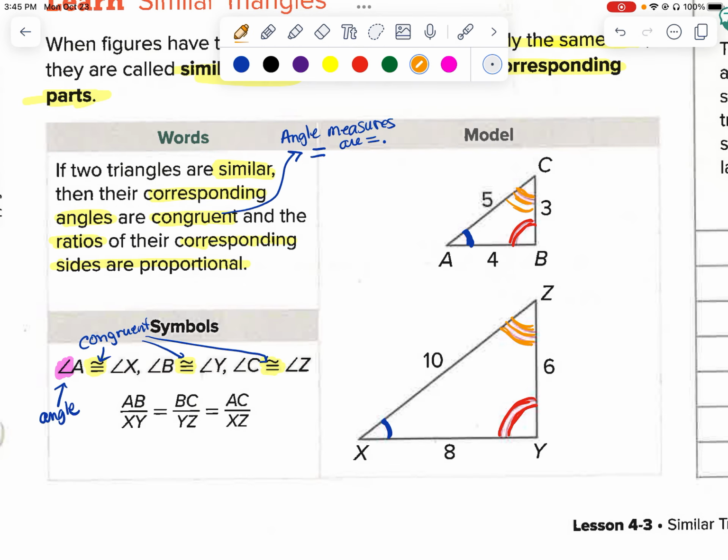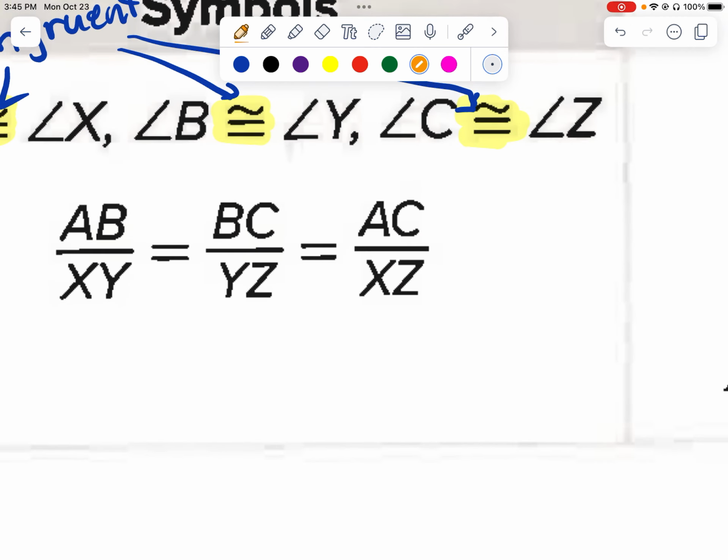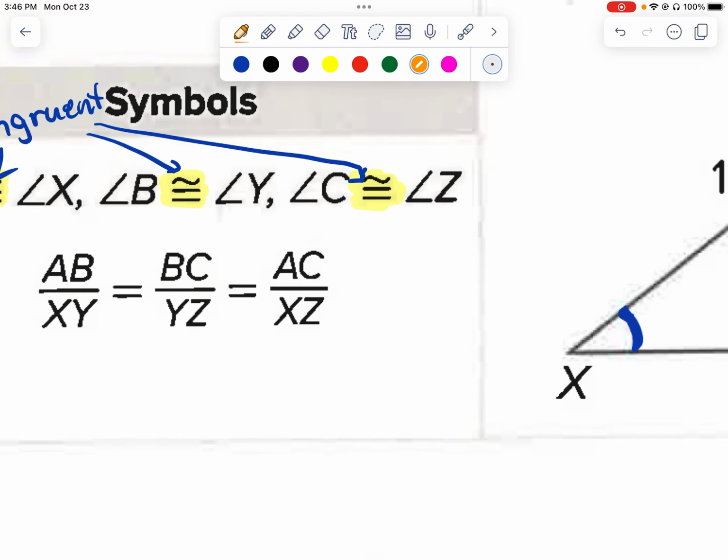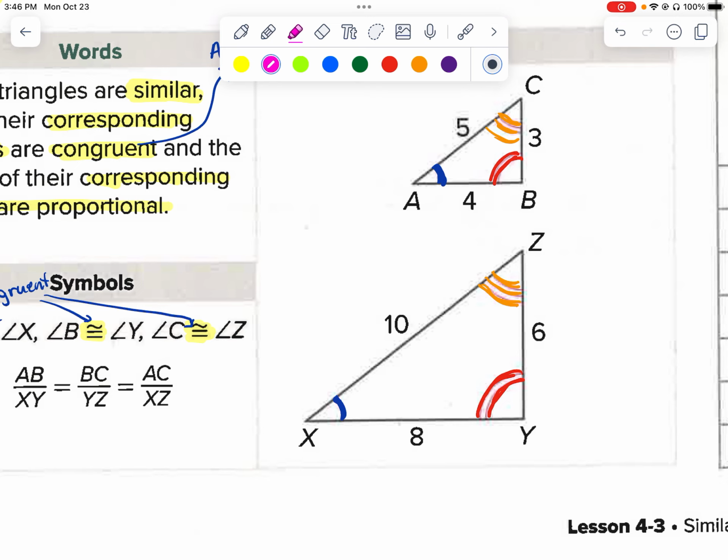So the next part it's talking about is that they're proportional. Proportional means that you're going to have two or more ratios, two or more fractions set equal to each other. I'm going to highlight, we'll do yellow.